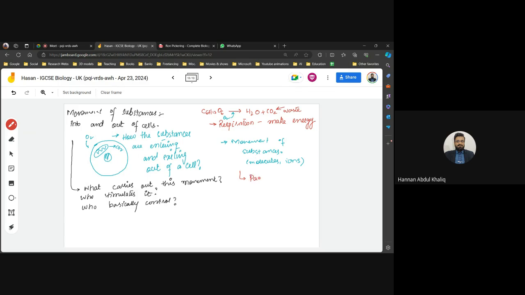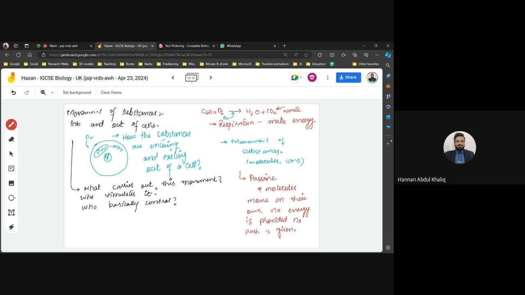One type of movement of these molecules and ions is called the passive movement. The passive movement is when the molecules move on their own, no energy is provided, no push is given.